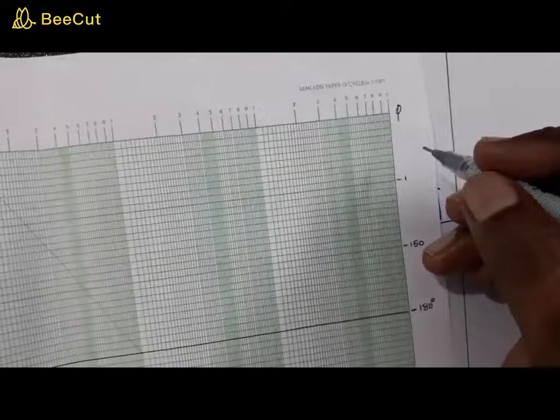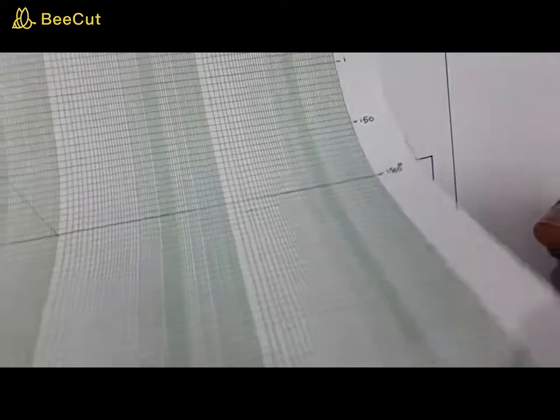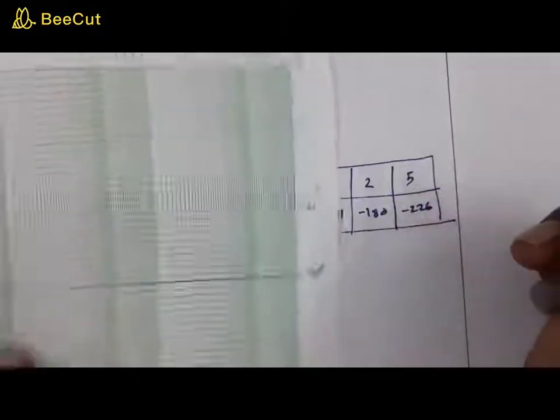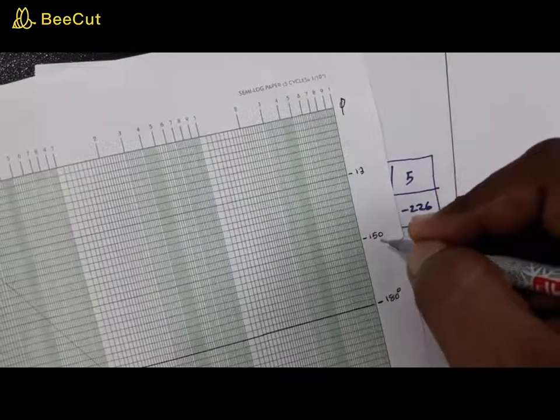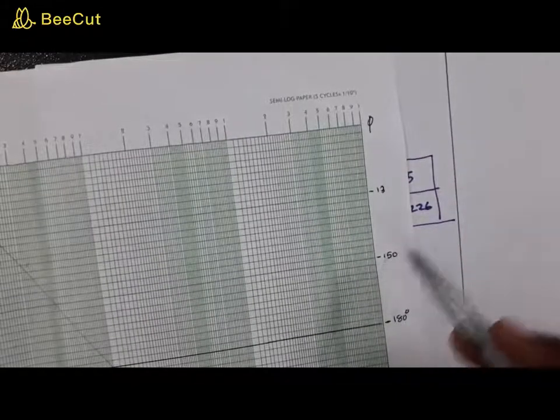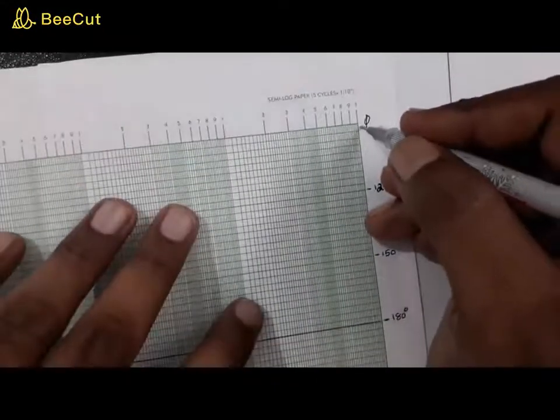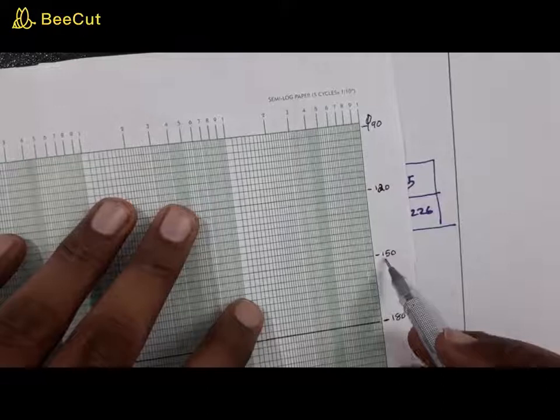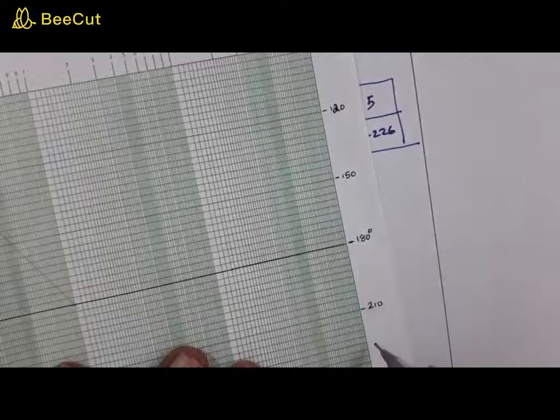Okay, this will be minus 120, and this must be minus 90. Minus 90 plus 30 is minus 120, plus 30 is minus 150.